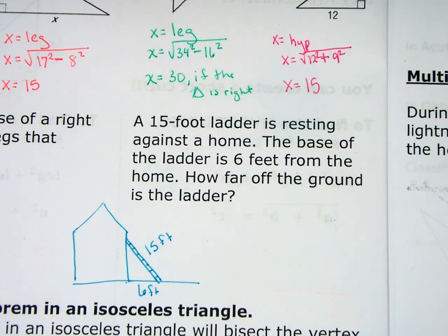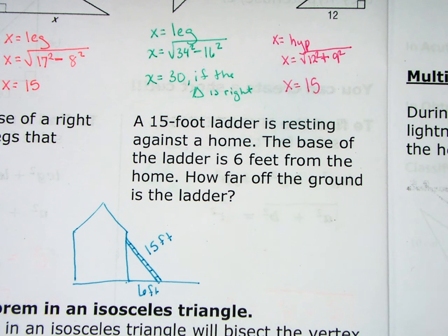We are allowed to assume that construction is done correctly, unless otherwise noted, when we're doing geometry word problems. So I get to assume that when they built that house, they really did do a good job, and it's coming up 90 degrees to the ground. That it's not like the Leaning Tower of Pisa or something like that.